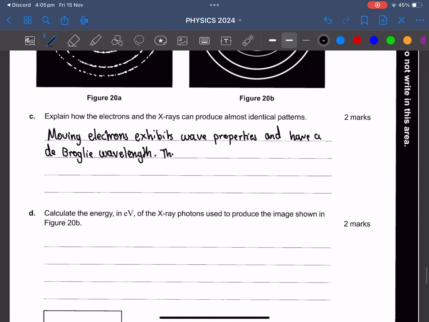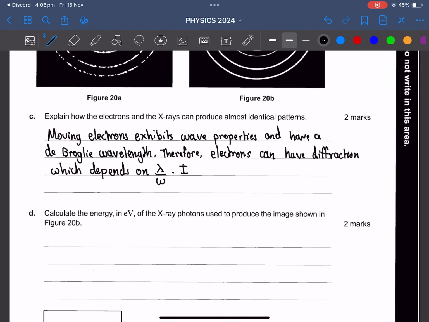Therefore, electrons can have diffraction, which depends on lambda on w, as we discussed.